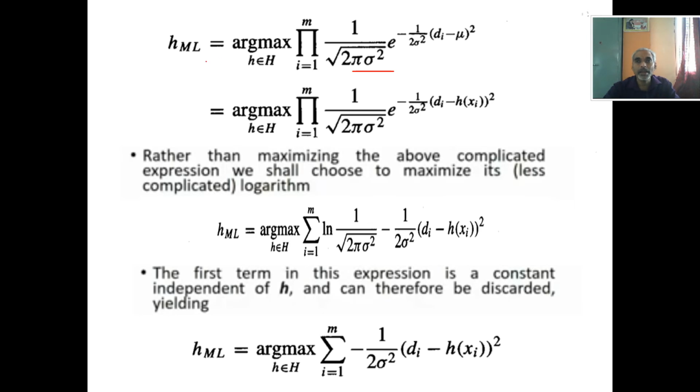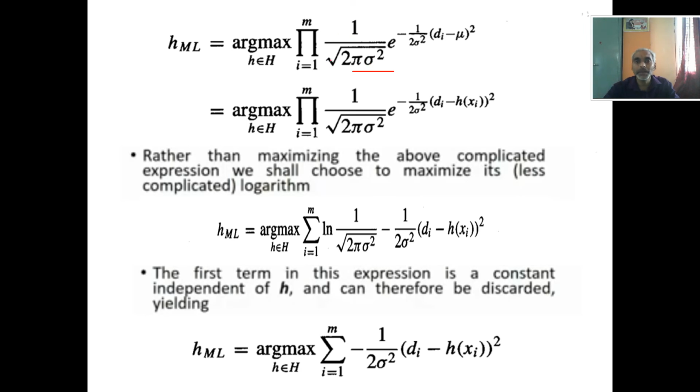So HML is equal to argmax of h belonging to H, product for i equal to 1 to m. Instead of P of di given H, we substitute the equation of our normal distribution.